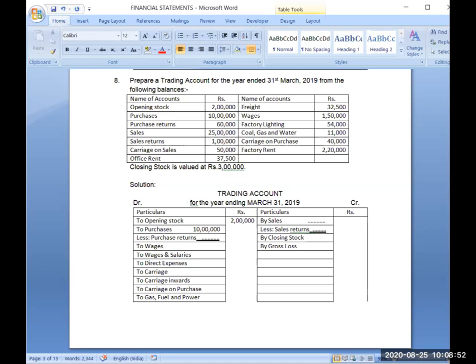So purchase is 10 lakh. Each and everything is clearly visible.